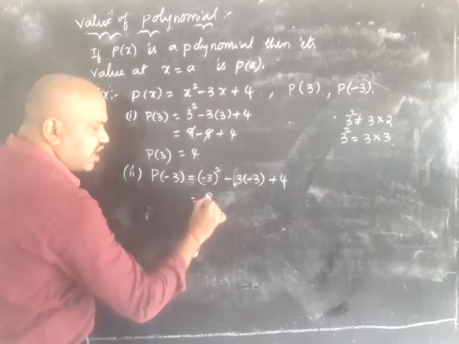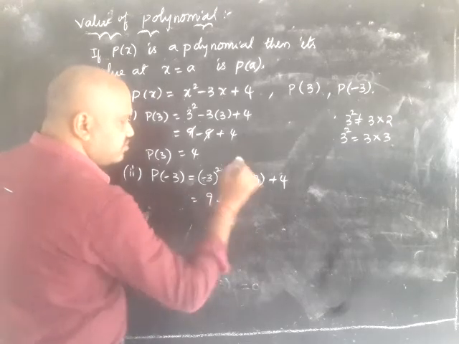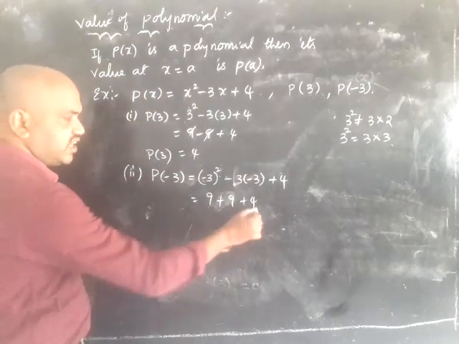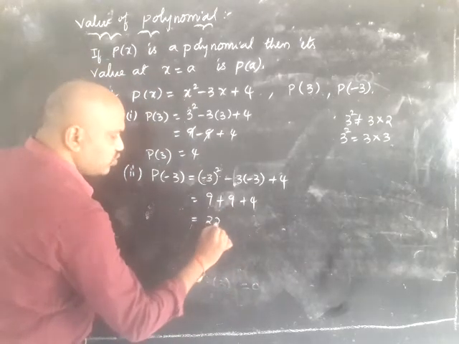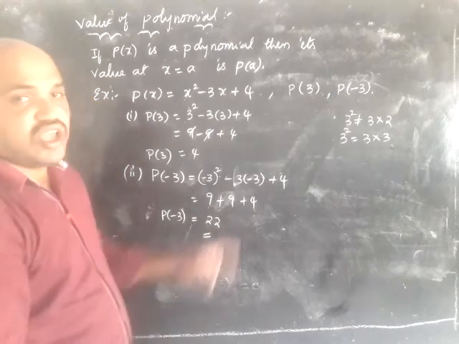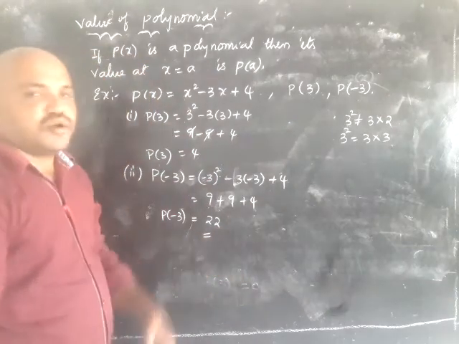So 3 square is 9, minus into minus is plus, 3 3 is 9, plus 4. 9 plus 9 is 18, 18 plus 4 is 22. So p of minus 3 is equal to 22. The value of this polynomial at minus 3 is 22.